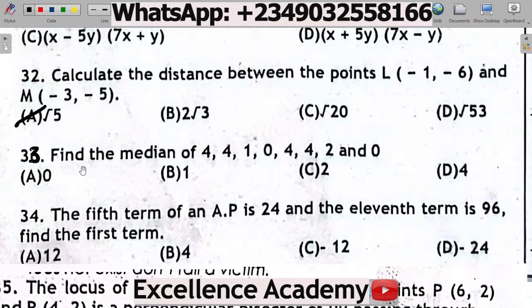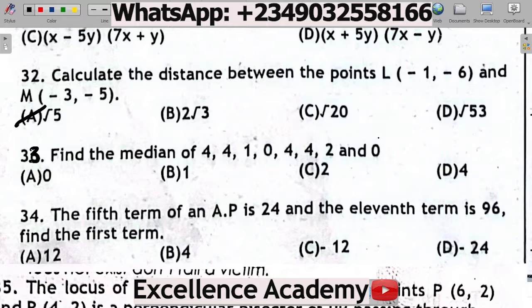For 33, you have: find the median of 4, 4, 1, 0, 4, 4, 2, and 0. Option A, 0. Option B, 1. Option C, 2. Option D, 4. So how do you get the median? All you have to do is arrange the numbers given here in ascending order, from the least to the greatest.